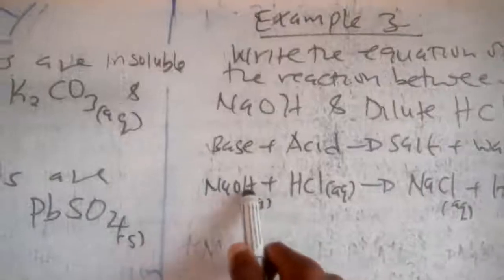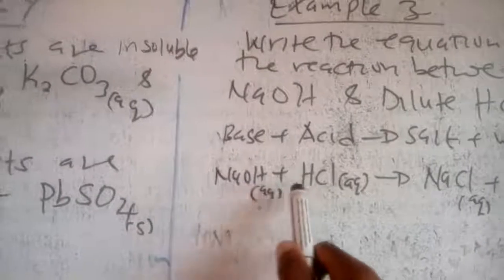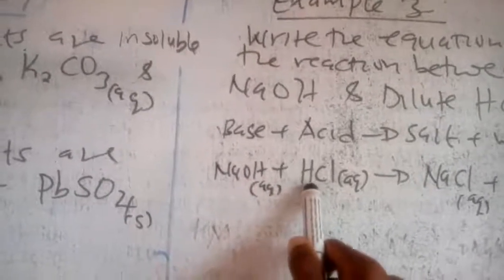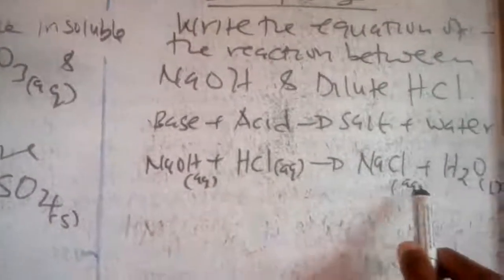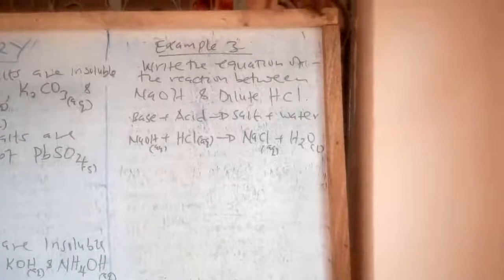There is one hydrogen in sodium hydroxide, one hydrogen in hydrochloric acid, and on the other side also there are two hydrogen, and therefore the equation is well balanced. That is how you write that. So the stoichiometric equation in this case becomes as it is illustrated on the whiteboard.